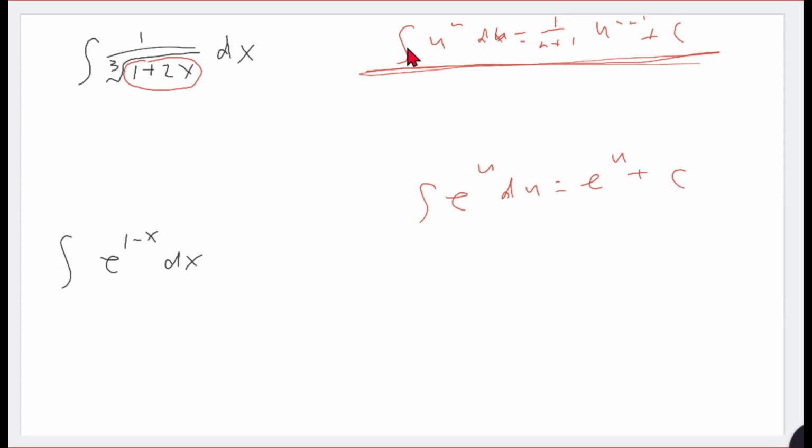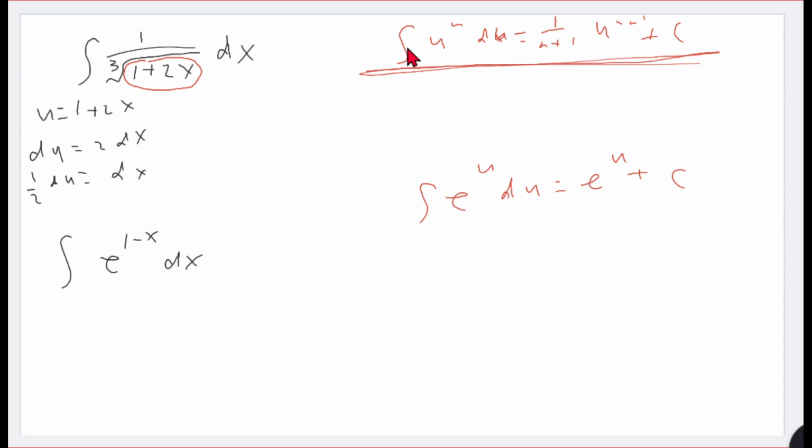So let's put it in writing. First of all, write down your substitution u equals 1 plus 2x. Just do that right away, because we need this anyway. Your dx will equal 1/2 du again this time.